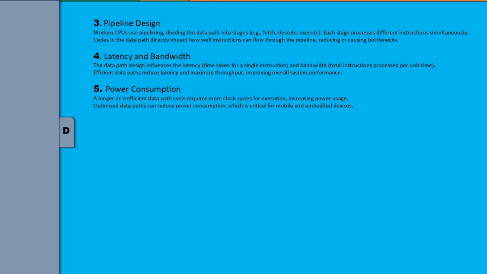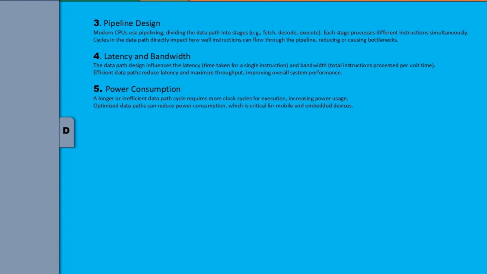Latency and bandwidth. The data path cycle influences the latency, which is the time taken for a single instruction, and bandwidth, which is the total instructions processed per unit time. Efficient data paths reduce latency and maximize throughput, improving overall system performance.